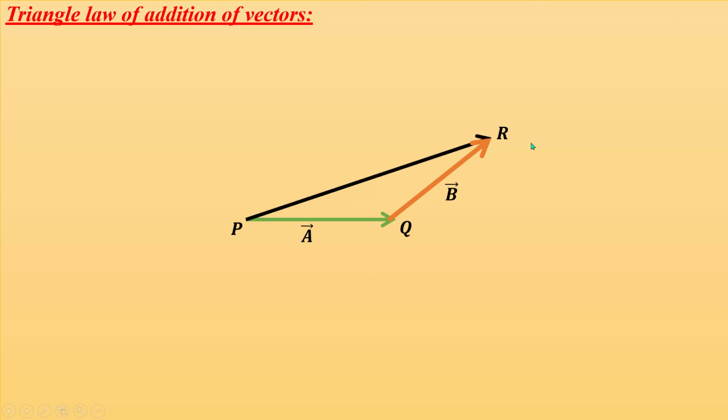Then PR denotes the sum of the vectors A and B. That means we go from P to Q and Q to R, that means we go P to R. Clear? That means PQ plus QR equals PR. PQ equals A, QR equals B, and PR equals C. So we can write vector A plus vector B equals vector C.